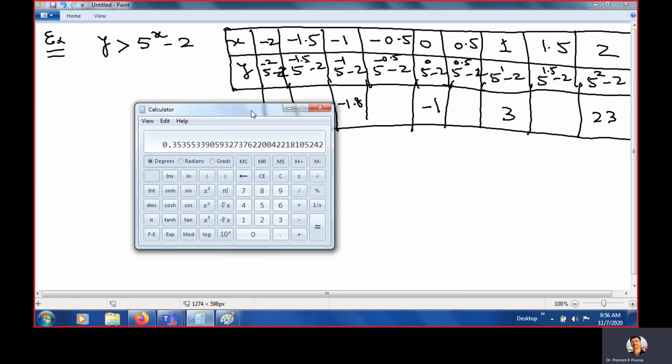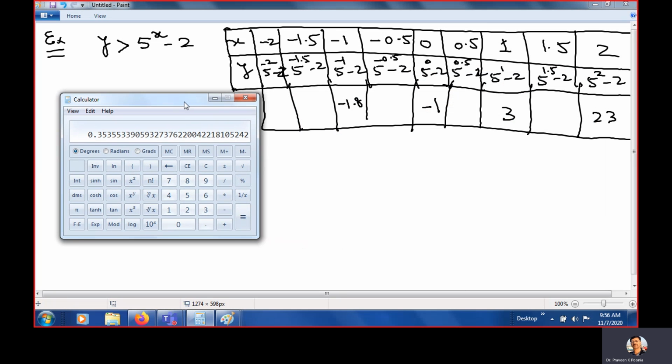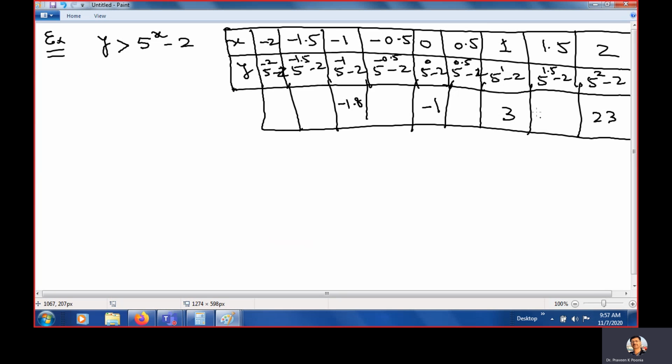Okay, let us take it. So it is 5 power 1.5, minus 2. How much? 9.1.